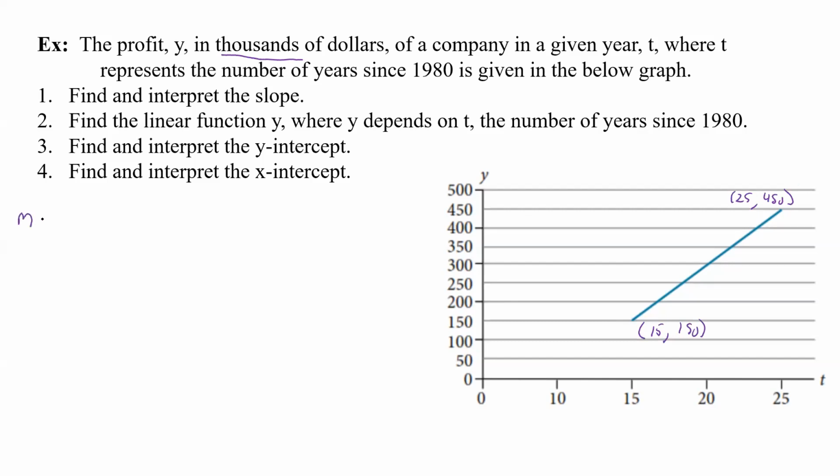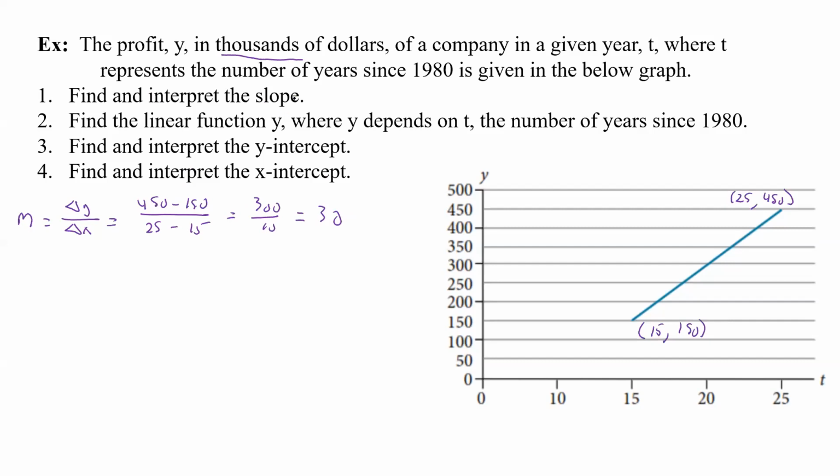And remember, the slope is just the change in y over the change in x. And so if we take 450 minus 150 divided by 25 minus 15, well, what is that going to give us? Well, that's going to give us 300 divided by 10, and that's going to give us 30. So our slope is 30, okay?